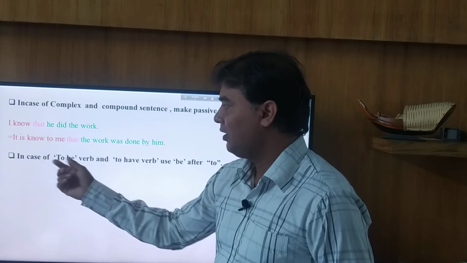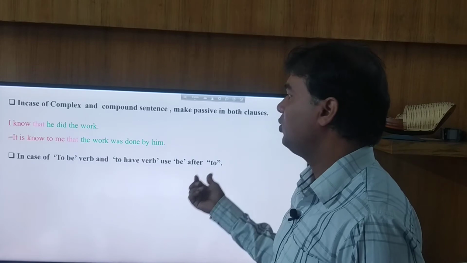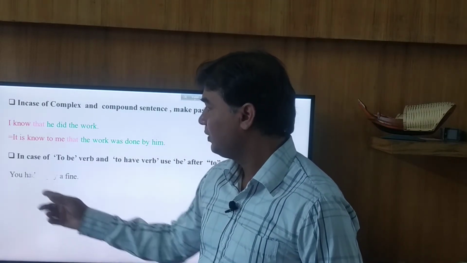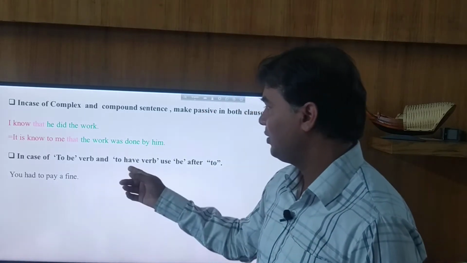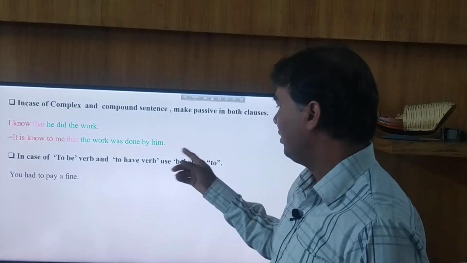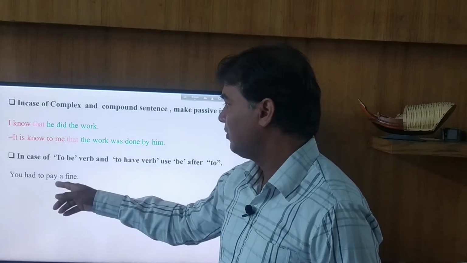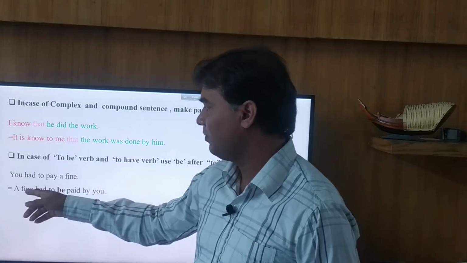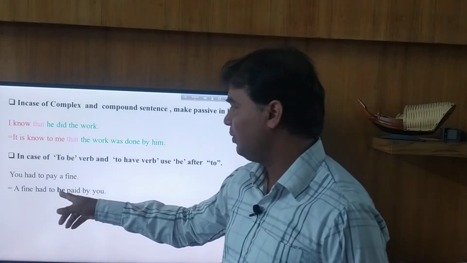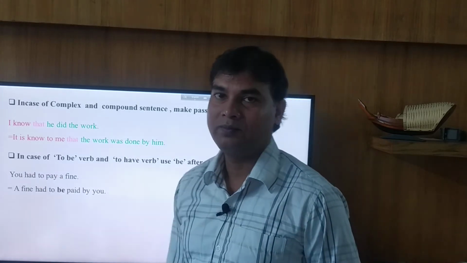Now again, in case of to be verb and to have verb, use be after the infinitive to. See, you had to pay a fine. Here you see the to have verb, had to. So in that case, you have to use an extra be. See the answer: first of all the object, a fine, then had to, now you need to use an extra be, then the past participle of the main verb, paid by you.